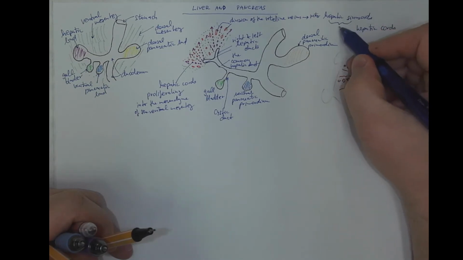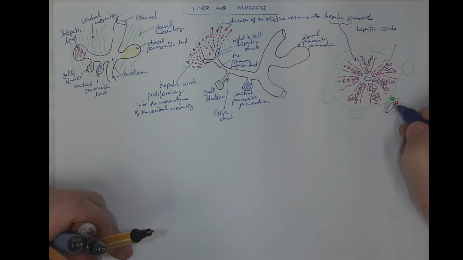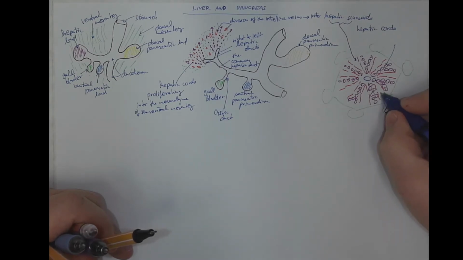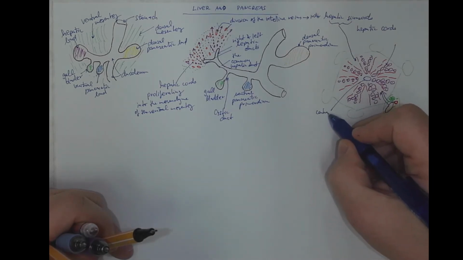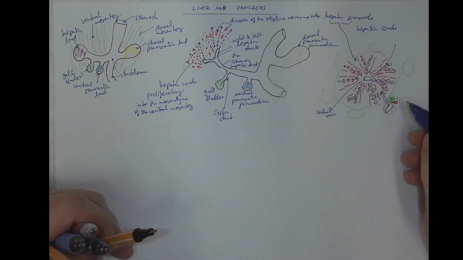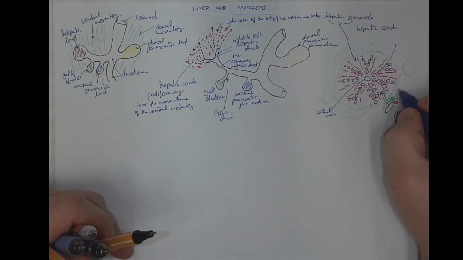So these hepatic sinusoids are these vascular spaces that carry the blood from the portal veins and hepatic arteries into the central vein. Here is the portal triad. And the connective tissue.